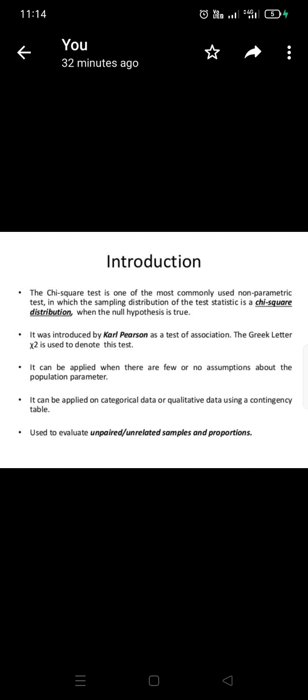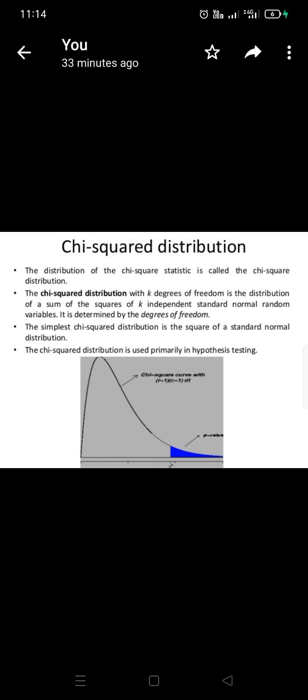The Greek letter chi-square is used to denote the test. It can be applied when there are few or no assumptions about the population parameter. It can be applied to categorical data to compare equivalent samples and properties.